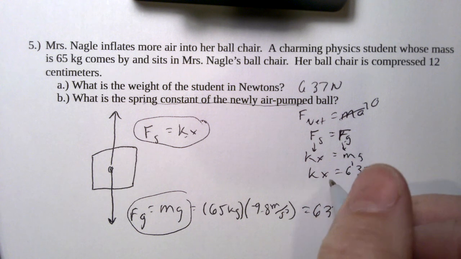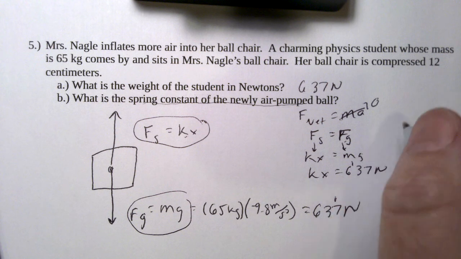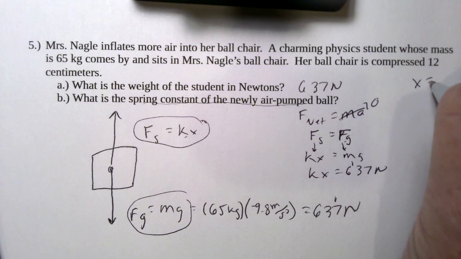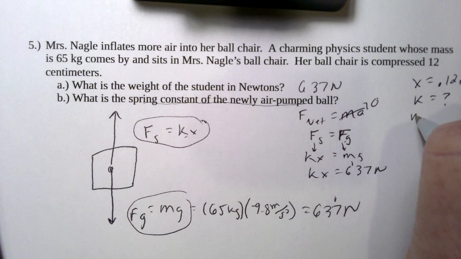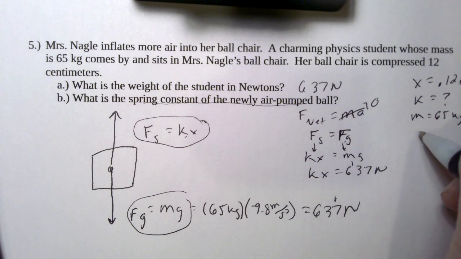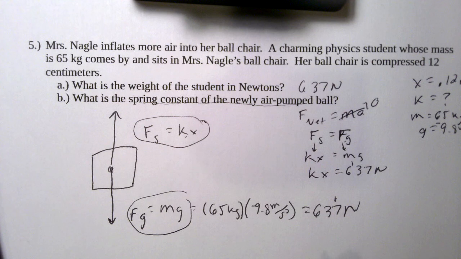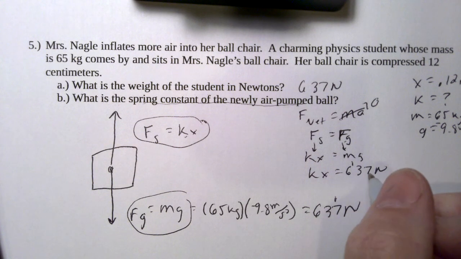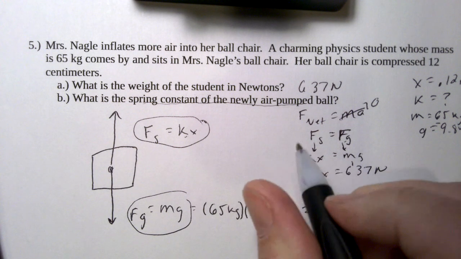Well, I know my compression is 12 centimeters. My x is 0.12 meters. My k, I don't know. My mass, 65 kilograms. And my gravity is always 9.8 meters per second squared. And we're going to use negative because it's going to point down. But I'm not going to put negative here because I want to know it's pointing up, so it's positive.